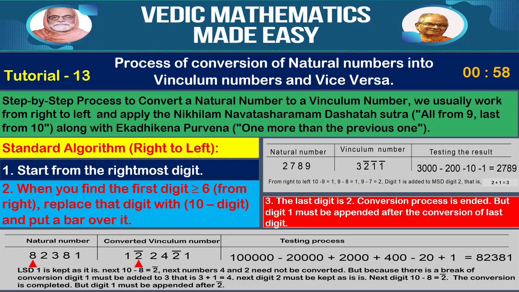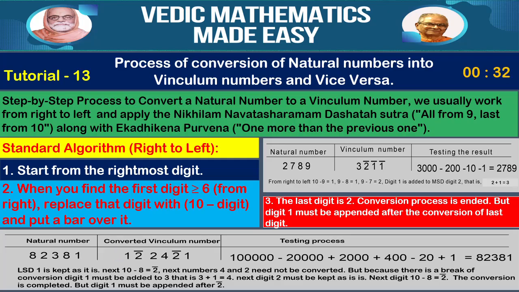The conversion process is ended. But after bar 2, digit 1 must be appended. Hence, the natural number 82381 is equal to Vinculum number 1, 2 bar, 2, 4, 2 bar and 1.